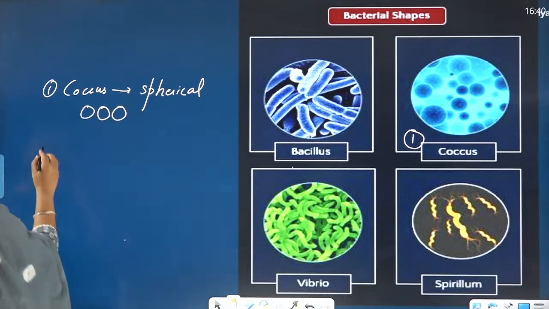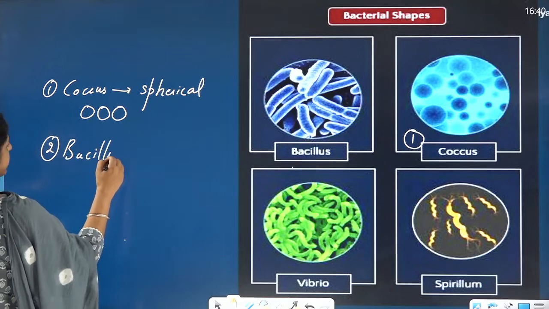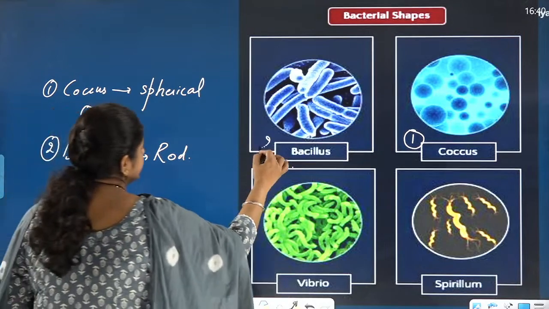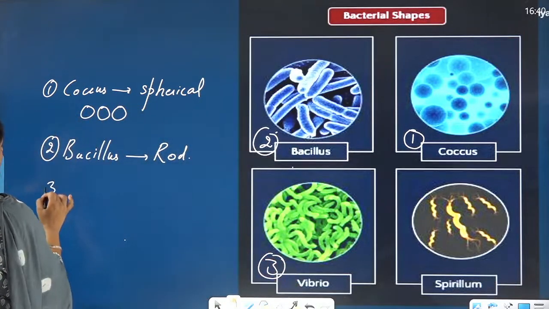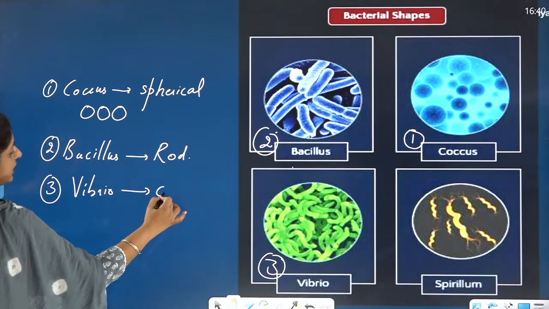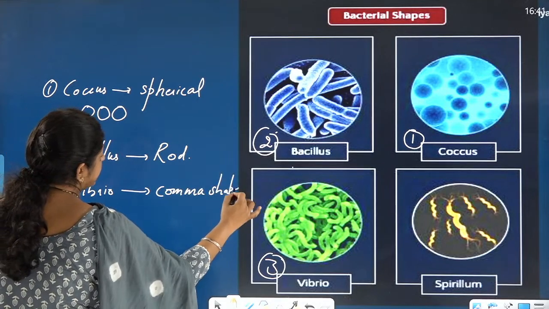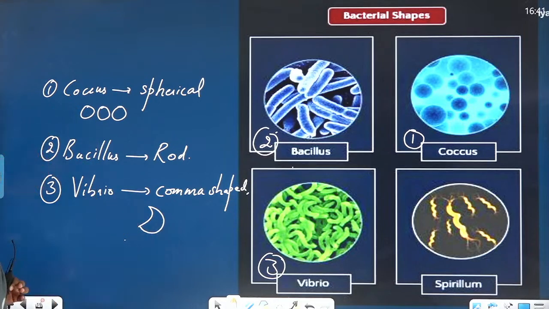Then second is Bacillus, which is rod shaped, right? Third is Vibrio. Vibrio means they are comma shaped, right? Like a small comma, like this. It will be like that.